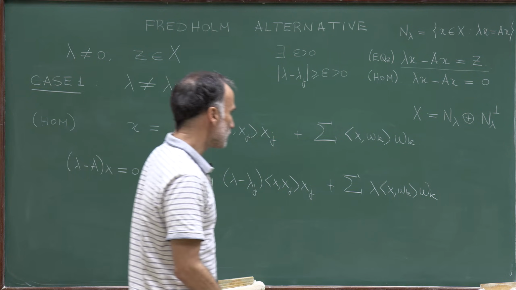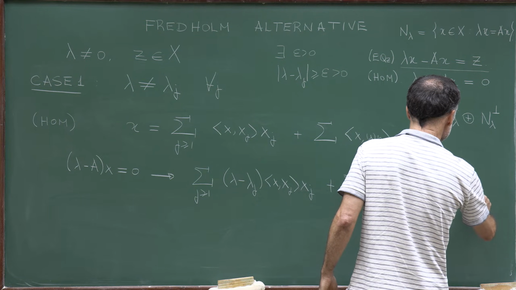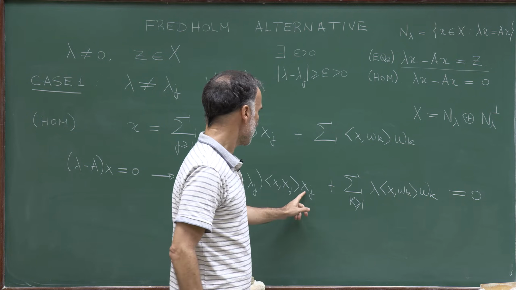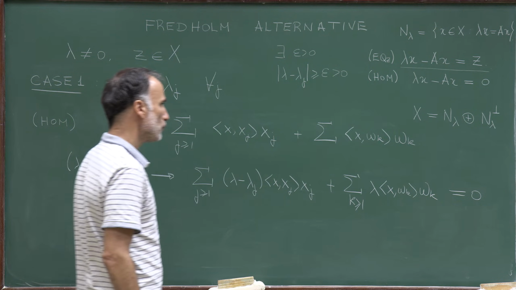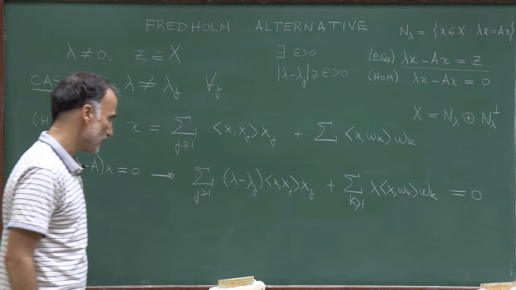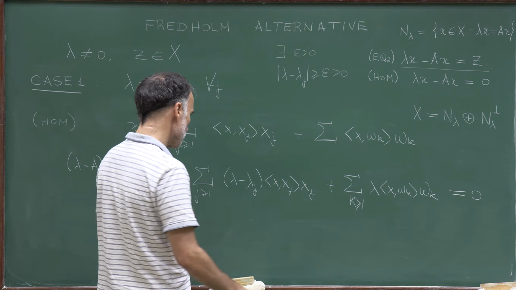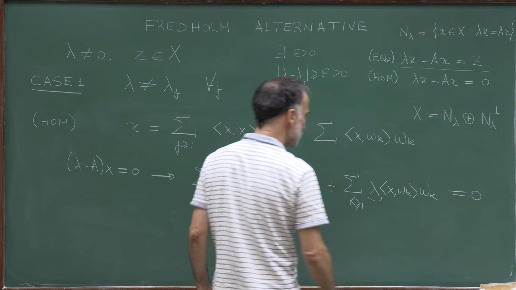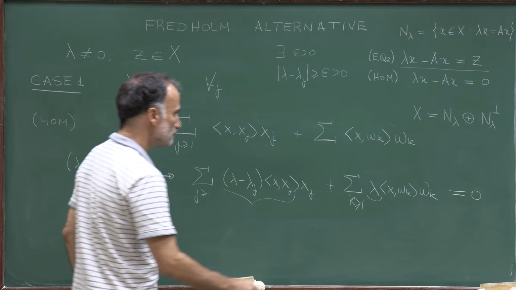And we know that this is equal to 0, so this sum is equal to 0. Since all these vectors, x_j, y_k and w_k, are orthogonal and have norm equal to 1, for this sum to be 0, every scalar has to be equal to 0.